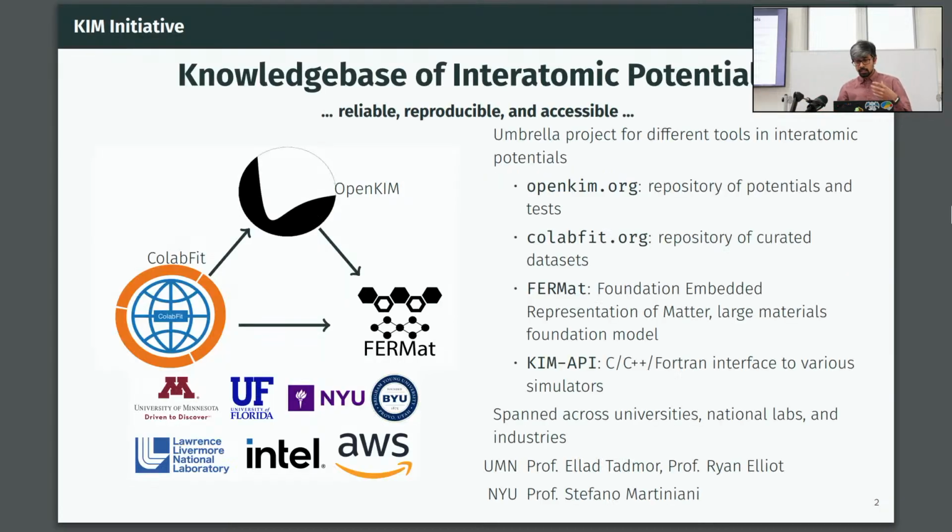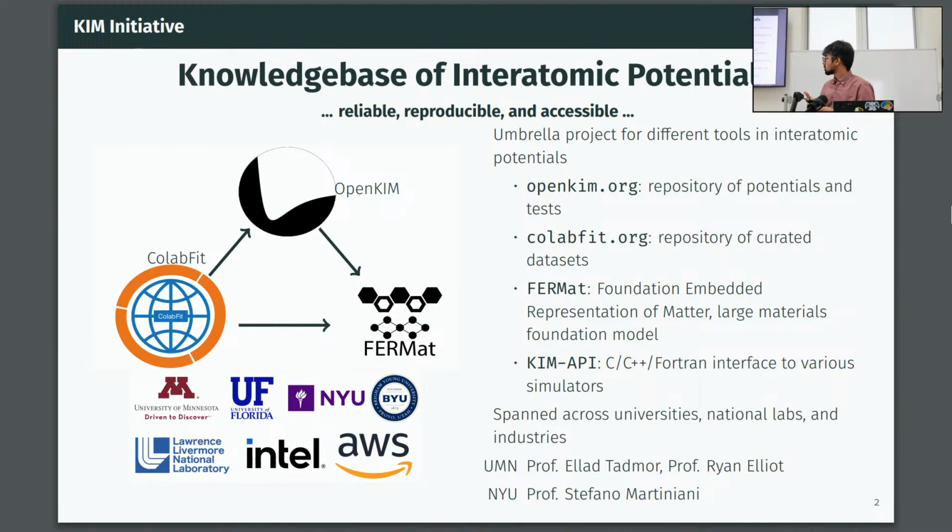So KIM stands for Knowledge Base of Interatomic Potentials. As a group, we are mostly based at the University of Minnesota, but it's not limited to the University of Minnesota. We have collaborators at the University of Florida. Our software is also being used as the core of one of the projects at Lawrence Livermore, where they are basically using it as a simple evaluation system on top of which they will build their own core logic.